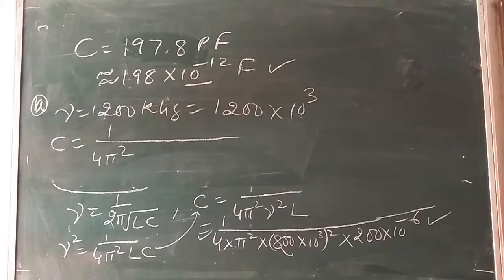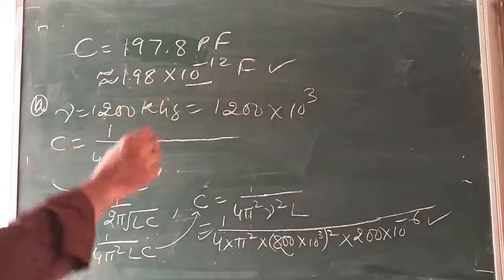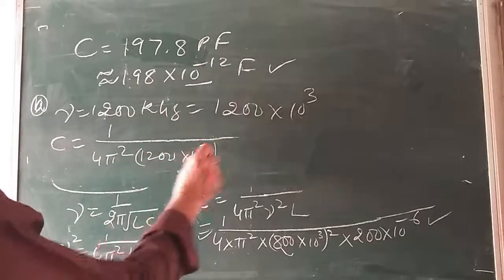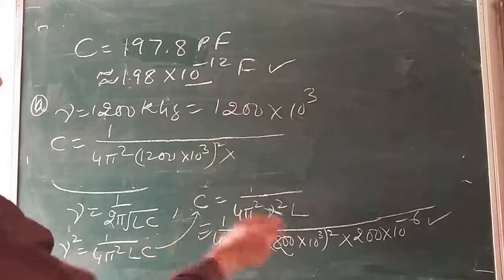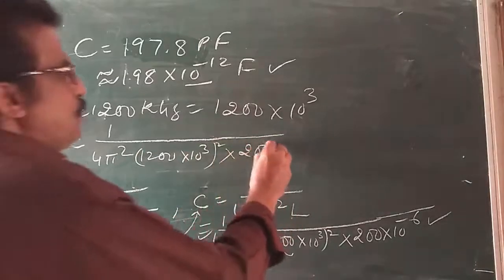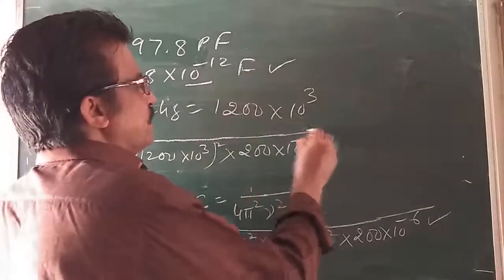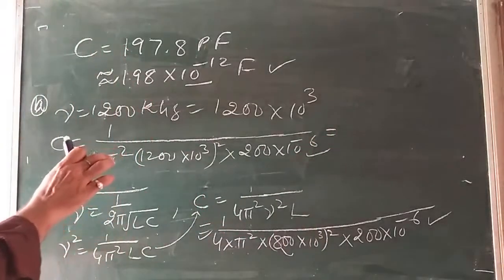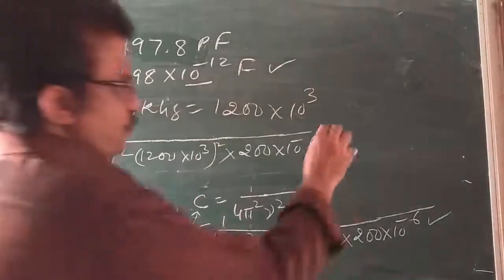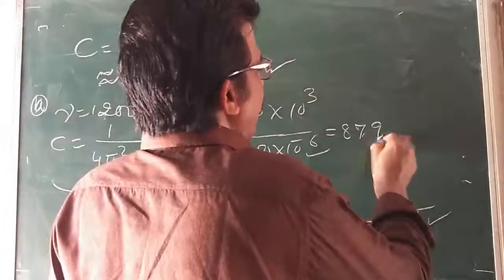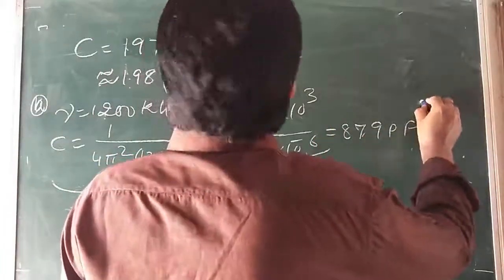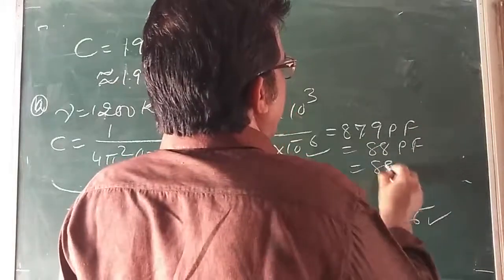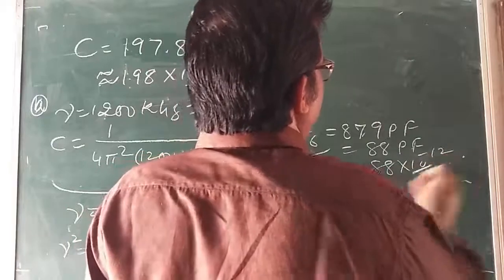That is 1200 into 10 raised to power 3 whole square into L, that is same, 200 into 10 raised to power minus 6. Solve them. Solving part is also very important. That is near about 87.9 picofarad. So we can say it is 88 picofarad, that is 88 into 10 raised to power minus 12.